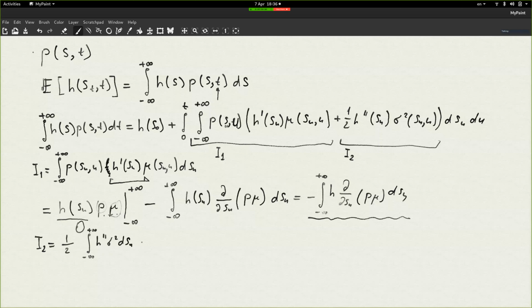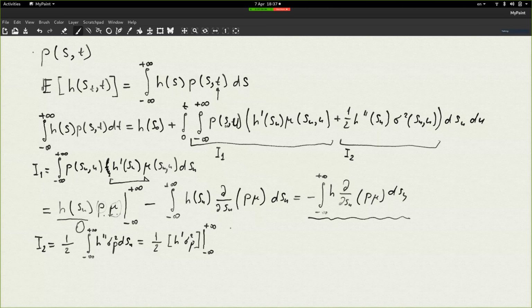Therefore, taking it by parts once, we get 1/2 h prime sigma squared from minus infinity to plus infinity. Oh, sorry, and obviously there is a p here, and you don't tell me. We missed p. We multiplied by p. Okay?